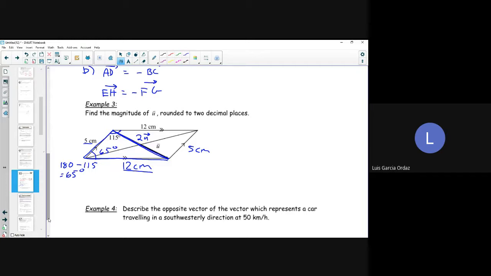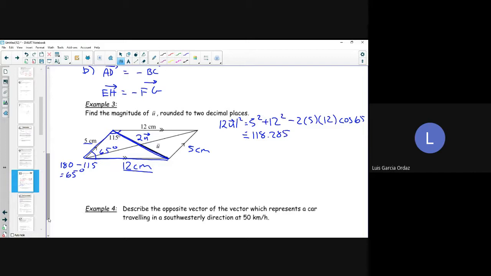Cosine law. So I have magnitude of 2u squared is equal to 5 squared plus 12 squared minus 2 times 5 times 12 times cos of 65. What I get here is approximately 118.2858.